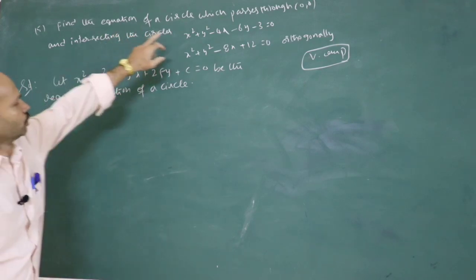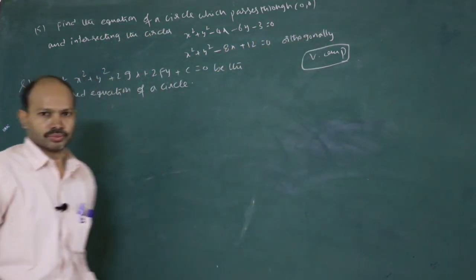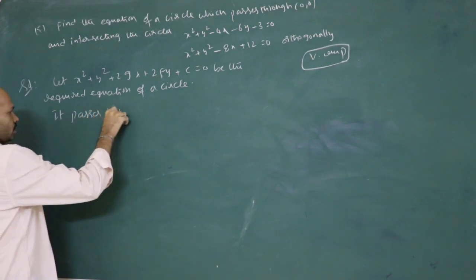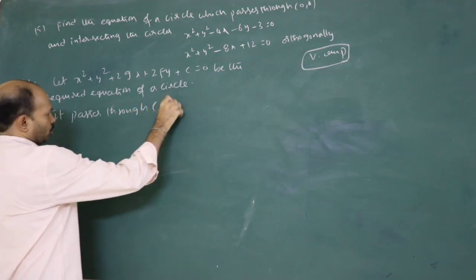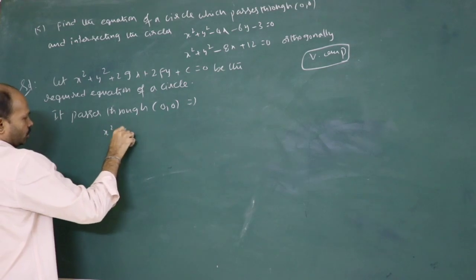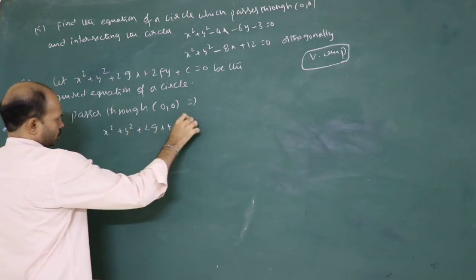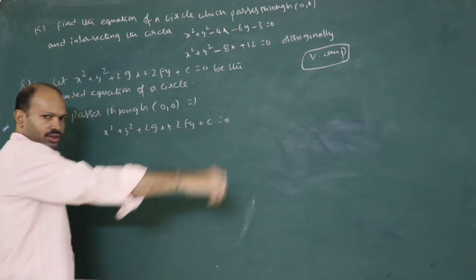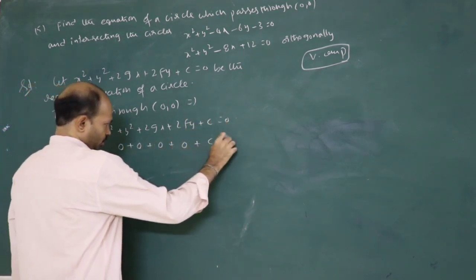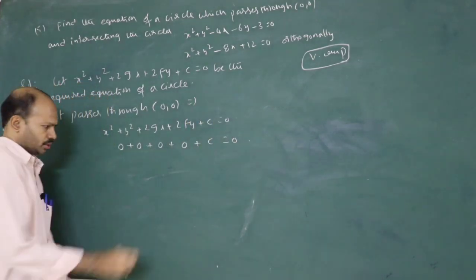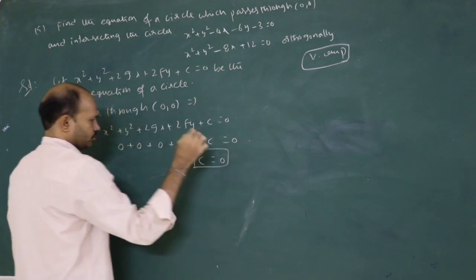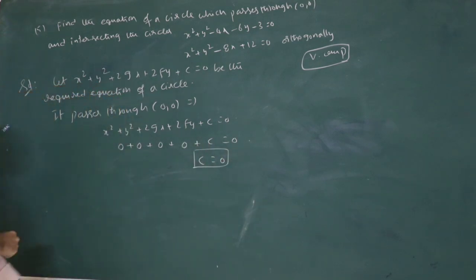Given that it passes through the point 0, 0, apply 0, 0. Then we have 2gx plus 2fy plus c is equal to 0, so 0 plus 0 plus 0 plus 0 plus c is equal to 0. Therefore, the value of c must be 0. c is equal to 0.